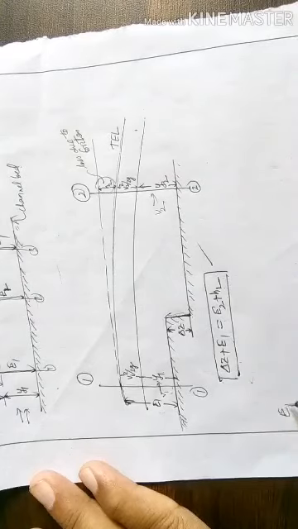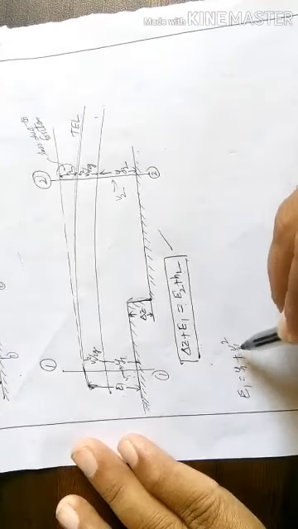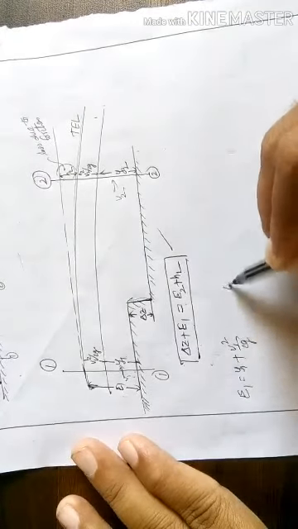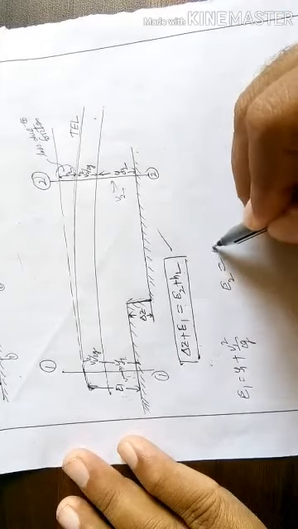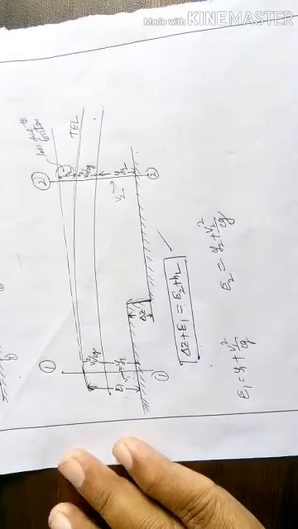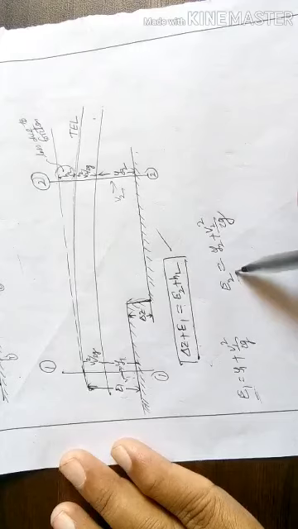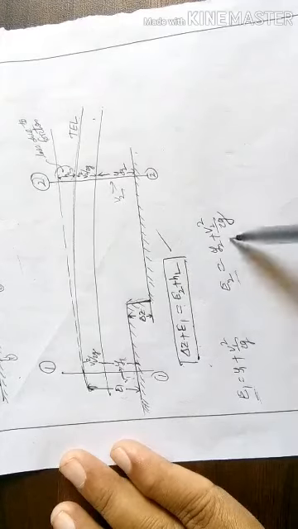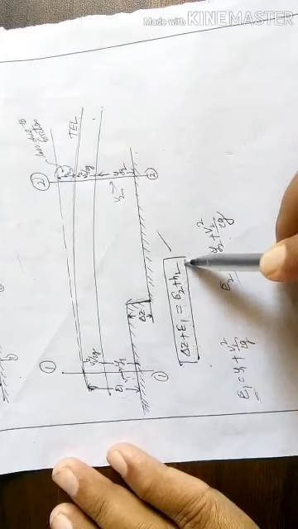Then E1 can be written as y1 plus v1 square by 2g, and E2 can be written as y2 plus v2 square by 2g. So this is specific energy at 1 and specific energy at 2.